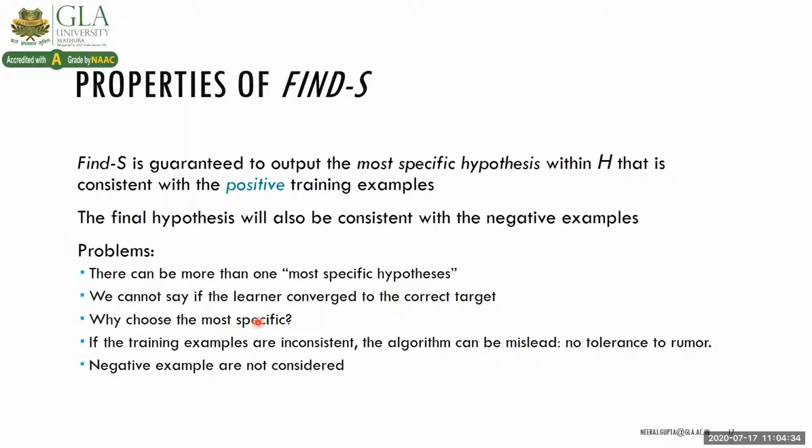We cannot say that the learner converges to the correct target. Why choose the most specific hypothesis? If the training examples are inconsistent, the algorithm can be misled, with no tolerance to noise. Negative examples are not considered. So these are the problems which arise in the Find-S algorithm.